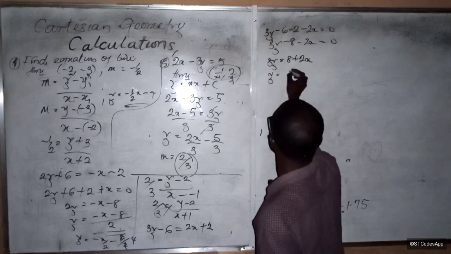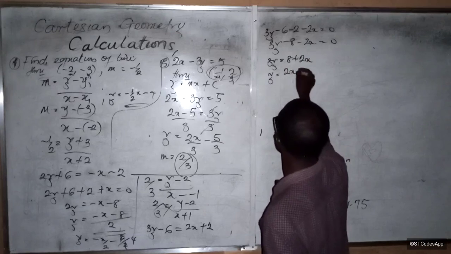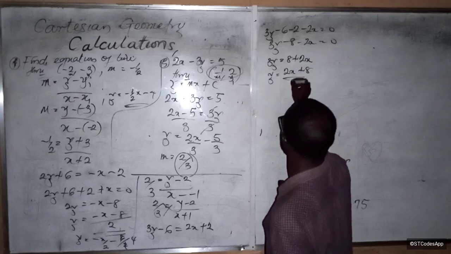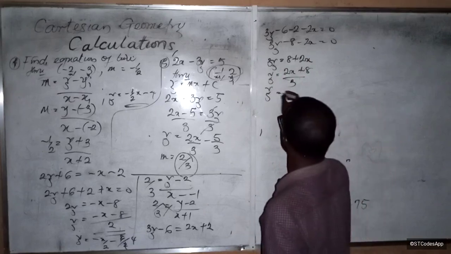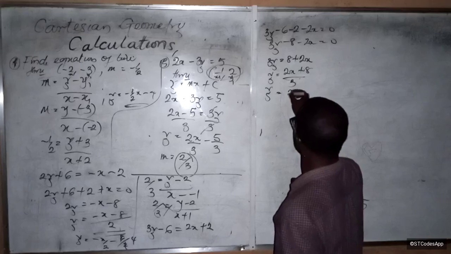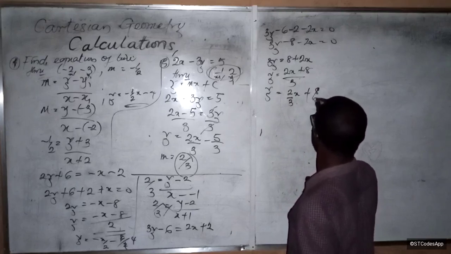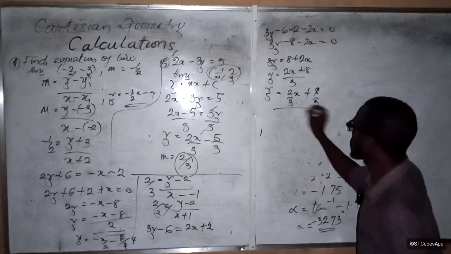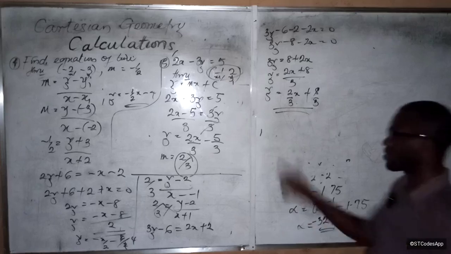So y will be equal to 8 plus 2x over 3, or let's write it in the correct form, 2x plus 8 over 3, when you divide both sides by 3. So that y will be equal to 2 over 3 x plus 8 over 3. So this is the equation of the line that is parallel to this guy.